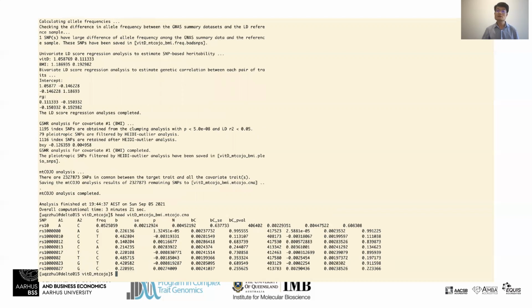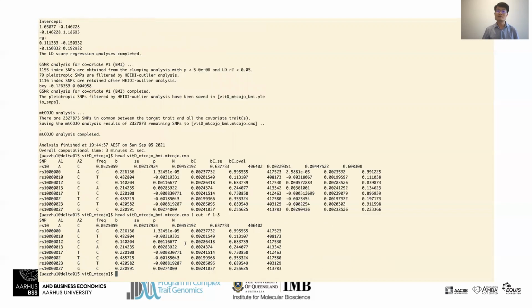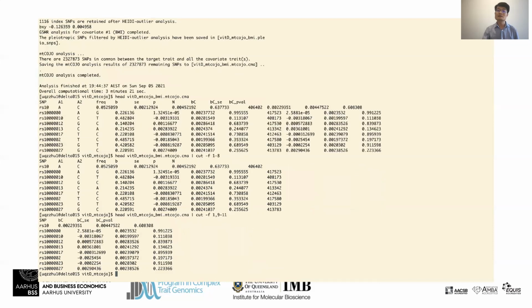The .mtCOJO.cma file contains the original GWAS estimate of vitamin D and the GWAS estimates as adjusted for BMI. The first 8 columns are the original GWAS estimates. And the last 3 columns are the GWAS estimates of vitamin D adjusted for BMI.